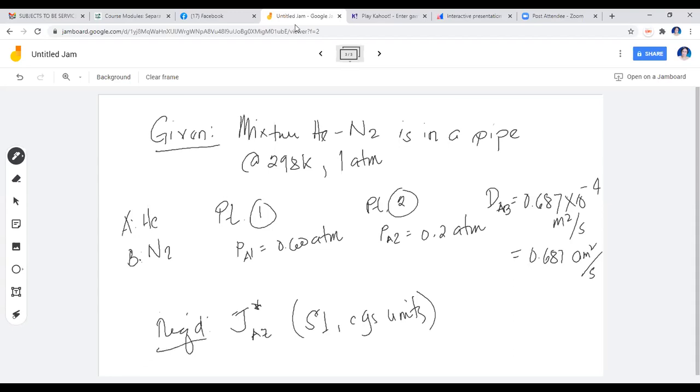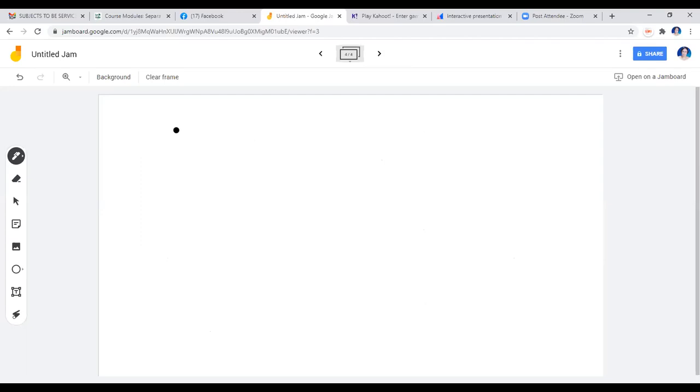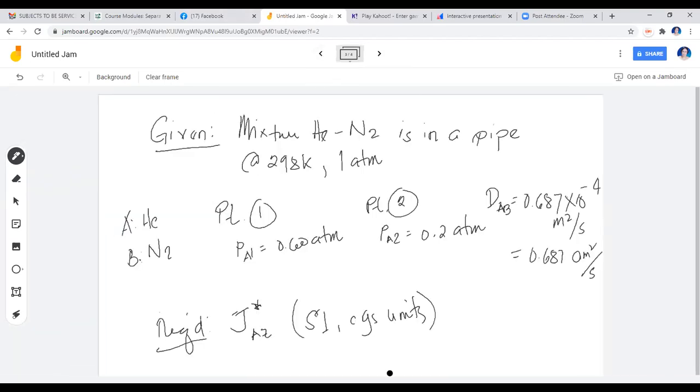Okay, we go to the next sheet. We start off with the solution, with the formula that we can use in determining the flux. Based on our PowerPoint presentation a while ago, I will just get the formula.